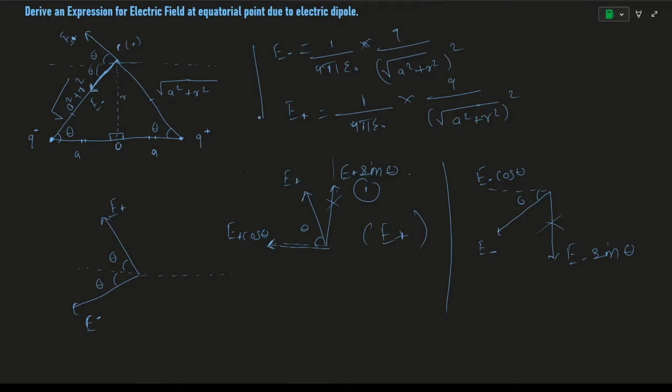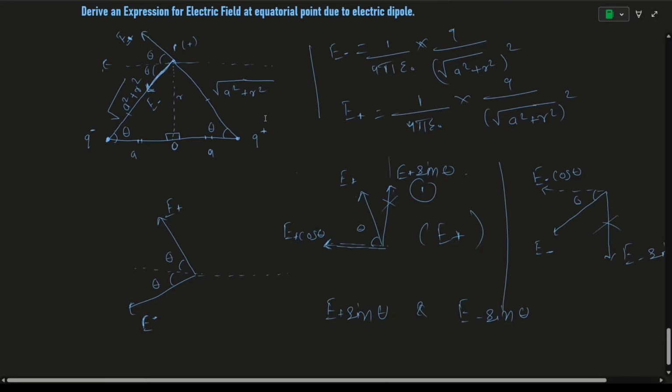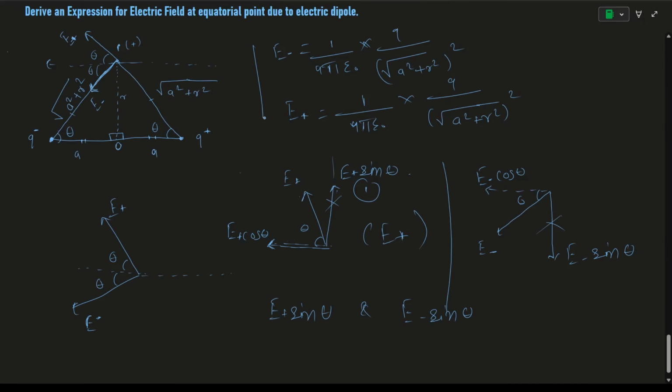But as you can see in this figure, this E plus and E minus both are in the same direction, and the direction is this. Sorry, this is the cos theta component, not sin theta.